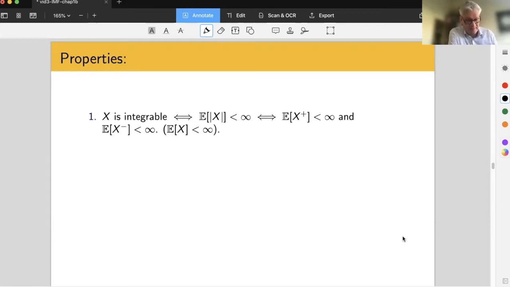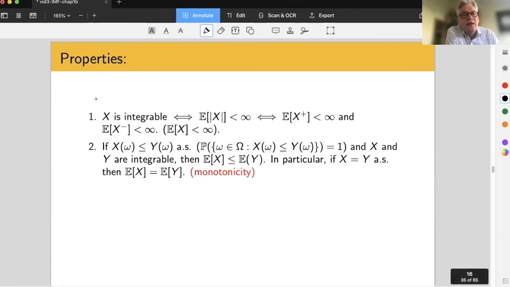First property: when X is integrable, that is equivalent to the expectation of the absolute value of X being finite, and that is equivalent to the expected value of X plus being finite and the expected value of X minus being finite, resulting in the fact that the expected value of X is finite.